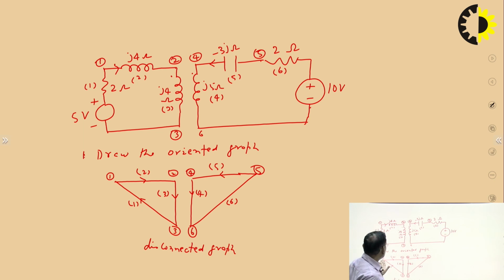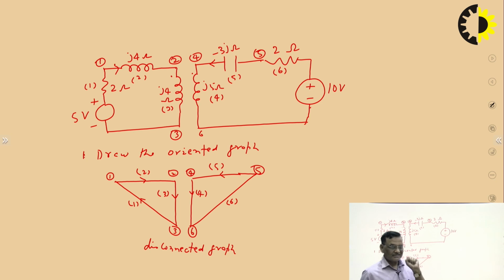We cannot reach from node 2 to 4, or 3 to 6, or 3 to 5, or 1 to 5. A graph is said to be connected if there is at least one path between every pair of the nodes. So between 1 and 4 there is no path, 1 and 6 no path, 1 and 5. So this graph is disconnected.